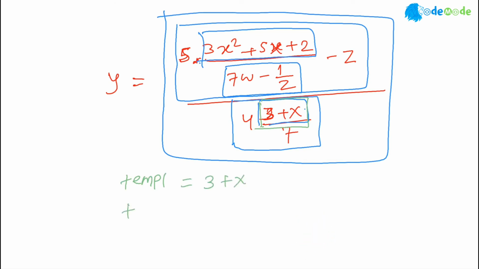We'll create another variable called temp2, and these all are my intermediate variables that I will compute, because I'm dividing it, and at the end I will stitch together. So I'll say temp2 equal to 4 multiplied by temp1 in parentheses divided by 7. So I took this temp2.